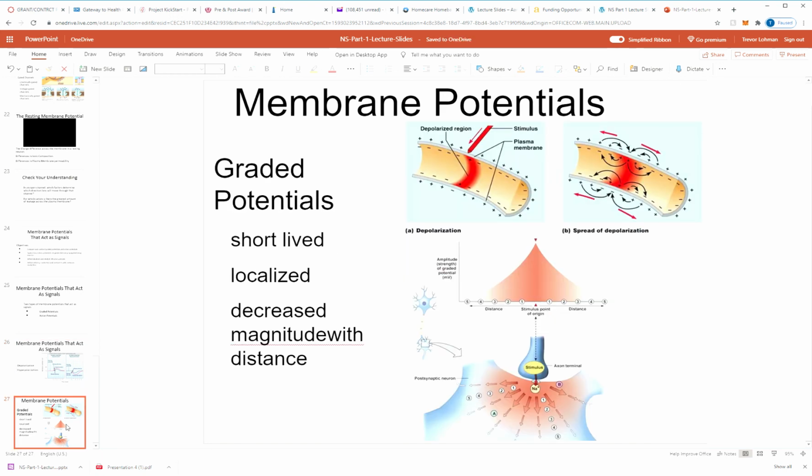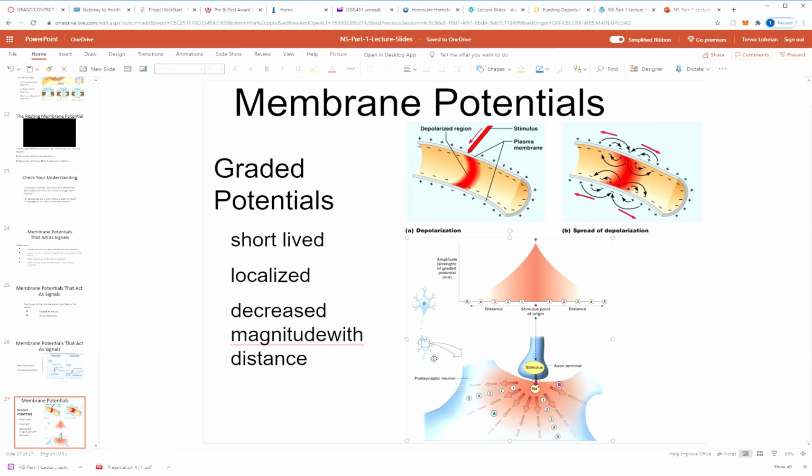Graded potentials continued here. Some facts about graded potentials is that they are short-lived. And let me add to this, your book doesn't even really address it this early, but graded potentials occur in the dendrites of the neuron. And you can see this picture here. Hopefully you can see my cursor.